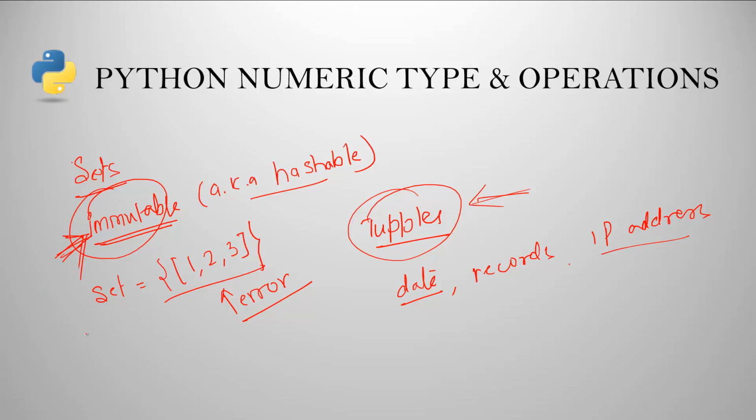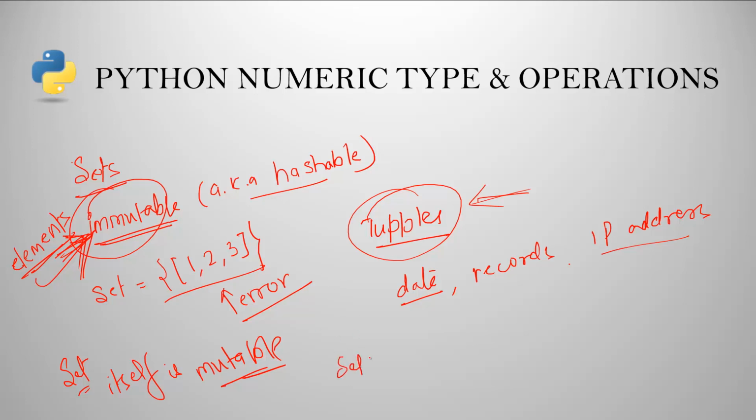The elements of the set should be immutable, but the set itself is mutable. It means it can grow or shrink on purpose.